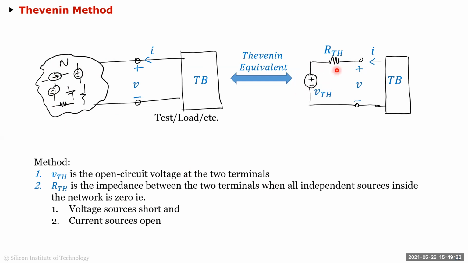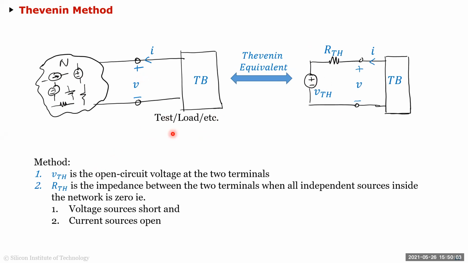And there is a corollary for this also. Because capacitors and inductors are also linear elements, you can do the S domain for it. So this will become VTH of S and Z of S. So instead of resistance, it will be impedance, and frequency dependent, like a Fourier transformed voltage source, basically.